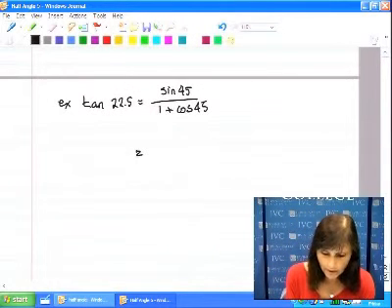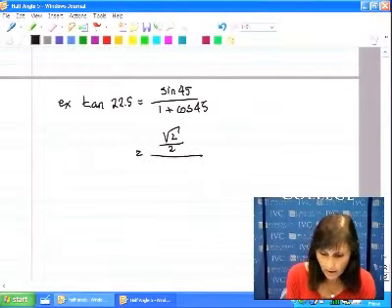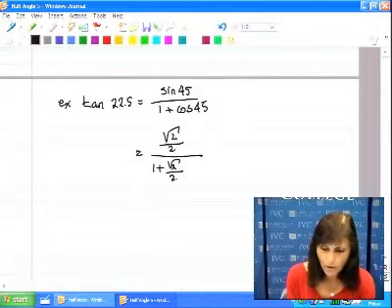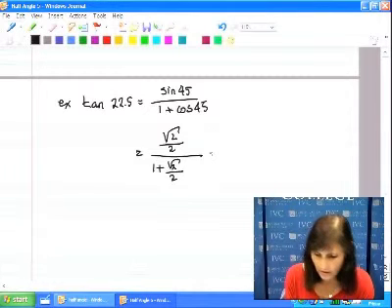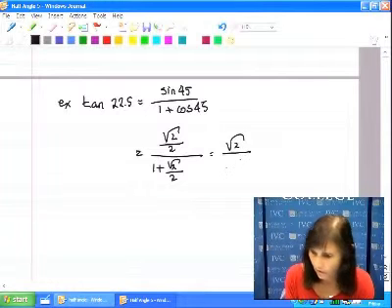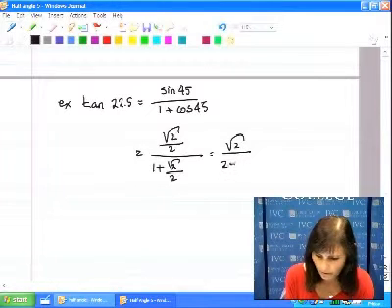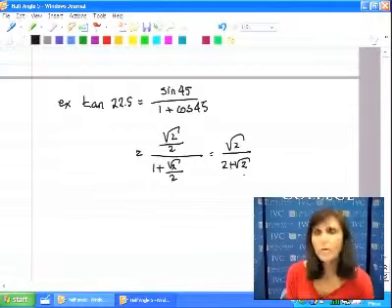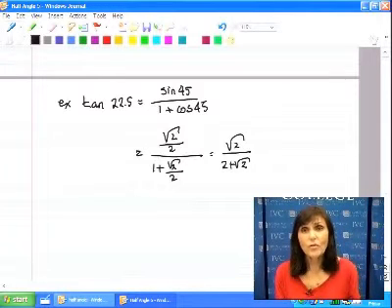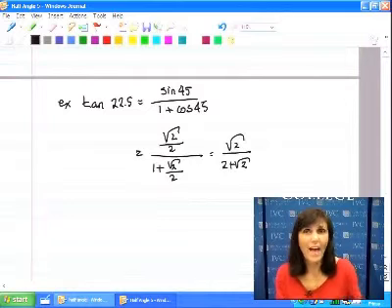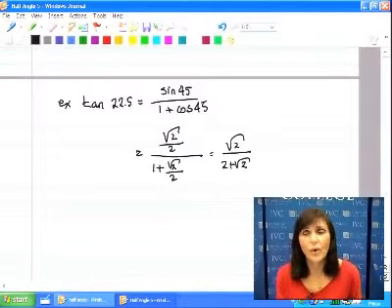That's going to be rad 2 over 2, over 1 plus rad 2 over 2. Let's clean that up. You're going to have a rad 2, the 2's will go, and then you're going to have 2 plus rad 2. So you use it in these cases where you know twice the angle but not the half, and now you can use the half-angle formulas to find the exact numbers.